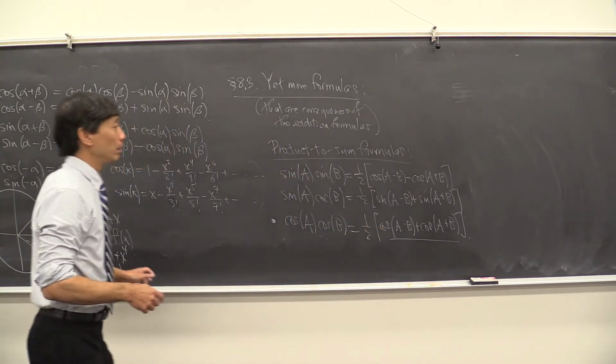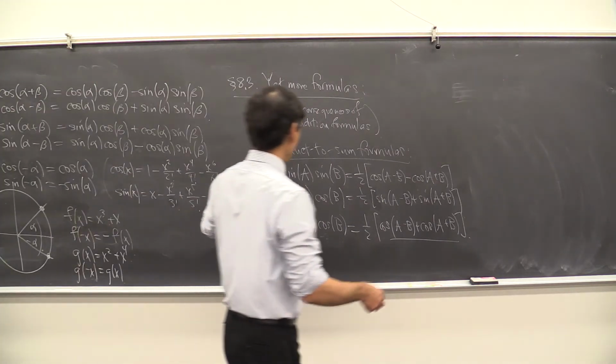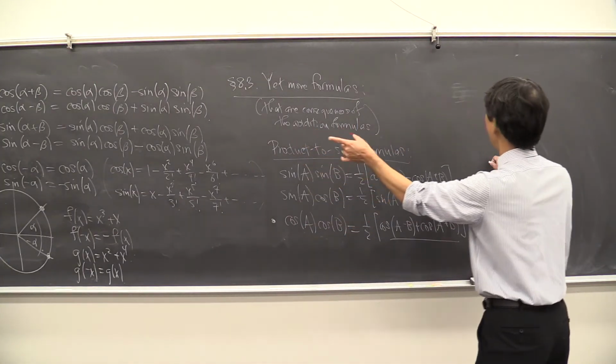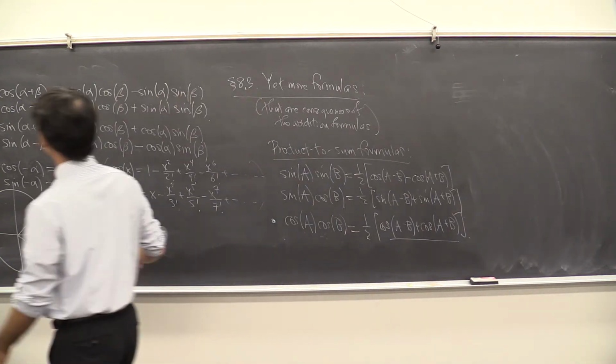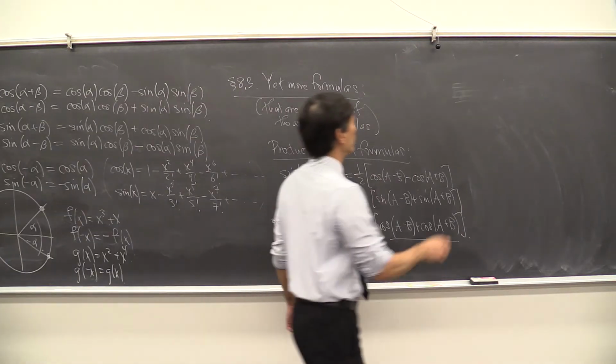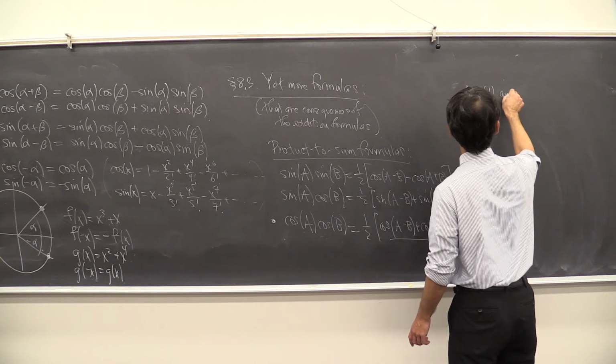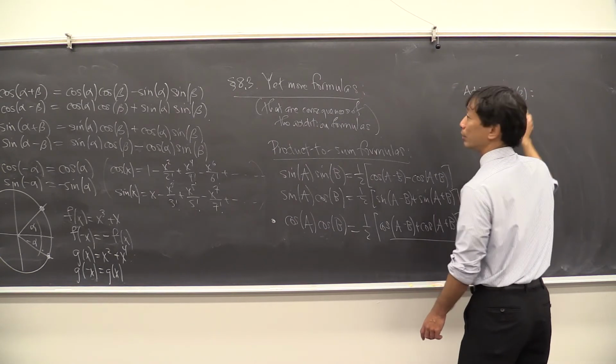So let's call these formulas 1, 2, 3, and 4. If we add 1 and 2, what are we going to get?